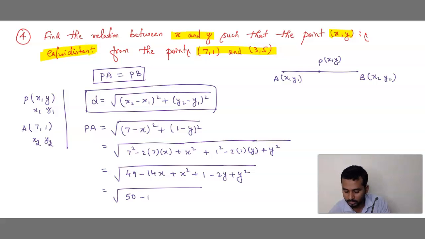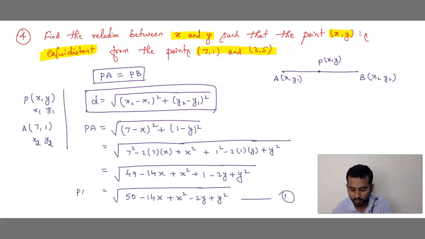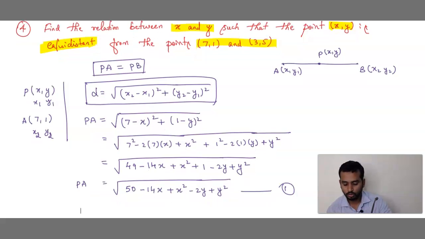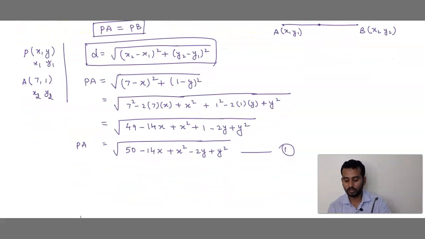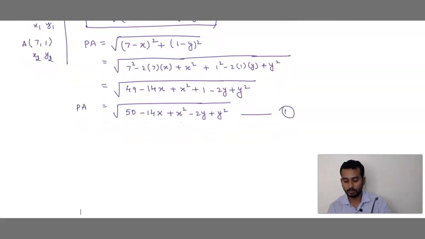Only one x term, that is minus 14x. Next, plus x square. Next, minus 2y and then plus y square. That's it. We cannot add or subtract the rest of the terms. So let me call this equation 1. So PA is equal to root of 50 minus 14x plus x square minus 2y plus y square.